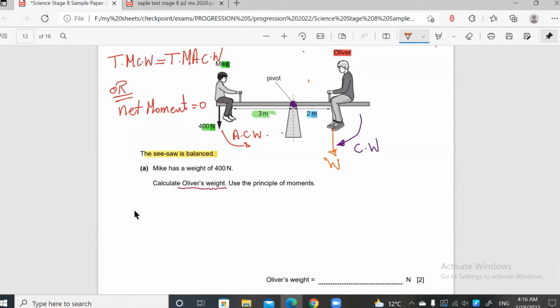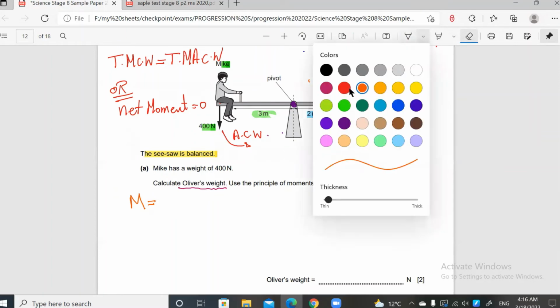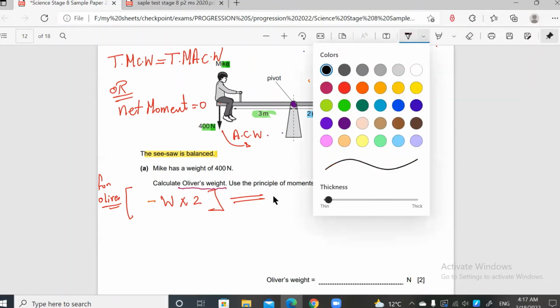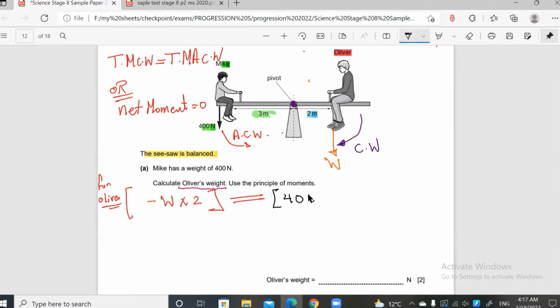To use the principle of moment, the moment of Oliver, which is the weight of Oliver times 2 meters, must equal the moment of Mike, which is 400 times 3 meters.